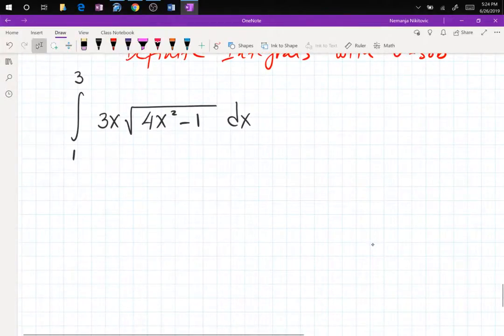So now this is a definite integral because we have the numbers. And these numbers are x values, limits.